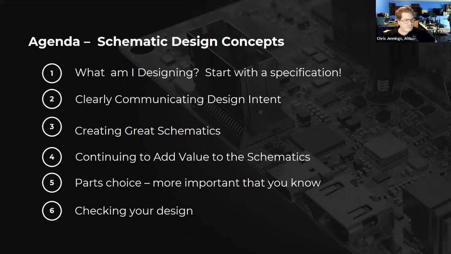But in brief, you need a specification. You can't hit a target if you haven't defined what it is you're aiming for. With design complexity, you have options for organizing your schematics. The difficulty is, how do you clearly communicate the design intent? That can be done in a number of ways, and we'll talk about some of that.